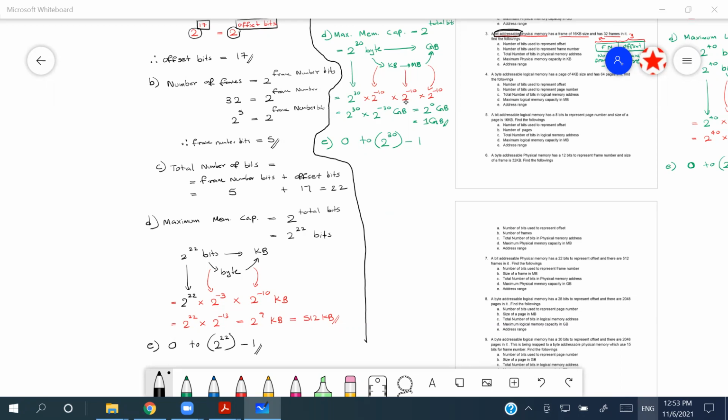Osanda, what you have done wrong here is that in the fourth one, they say this is a byte addressable one. So the capacities should be converted into bytes, not into bits. Are you getting the point?